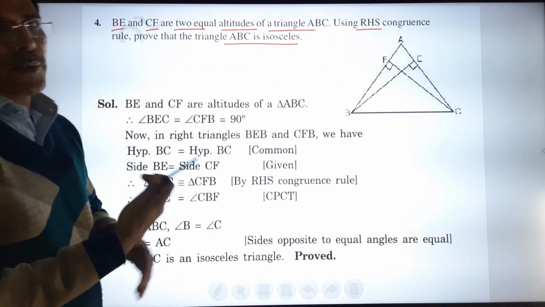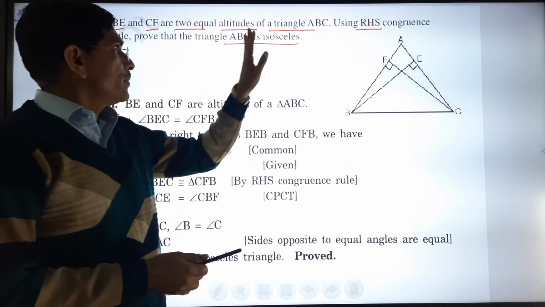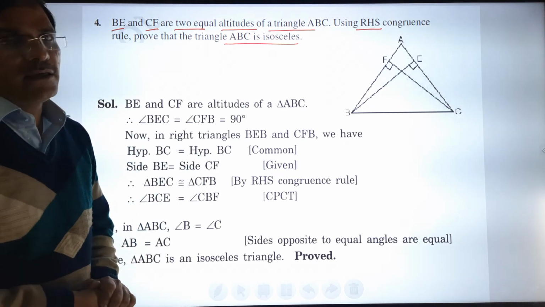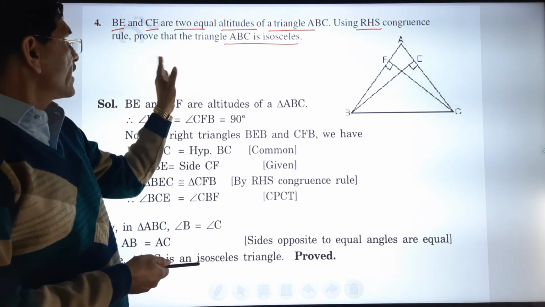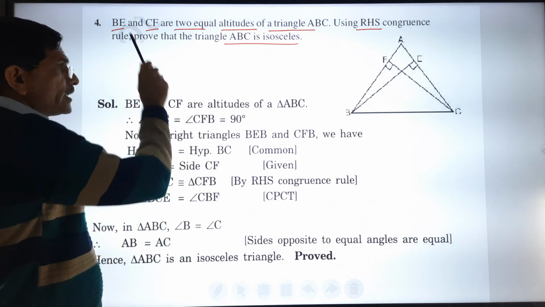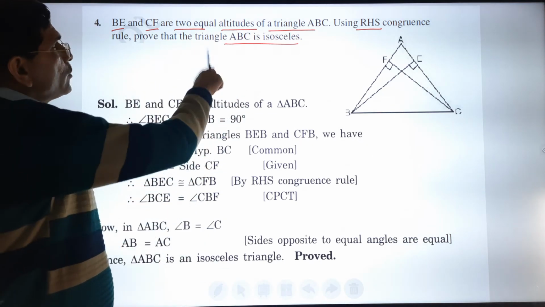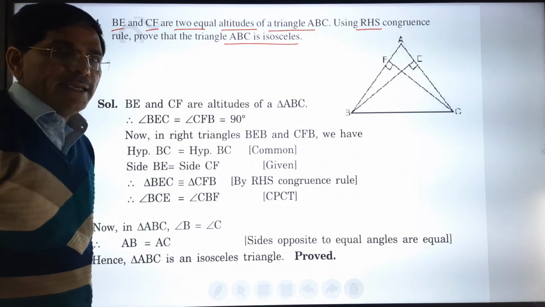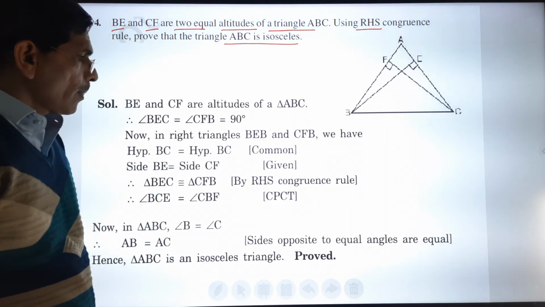Earlier in 7.2, isosceles triangles were given and by using the SAS rule we proved that the altitudes are equal. Now here, altitudes are equal and we have to prove that the triangle is isosceles.